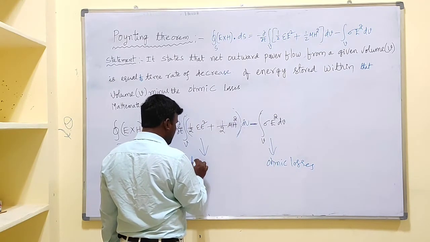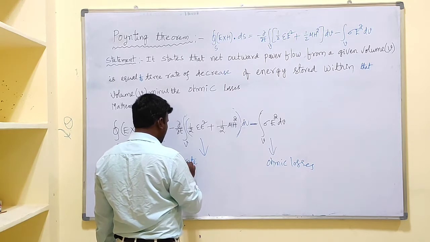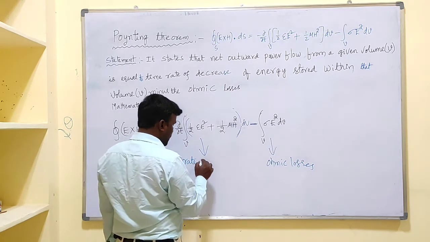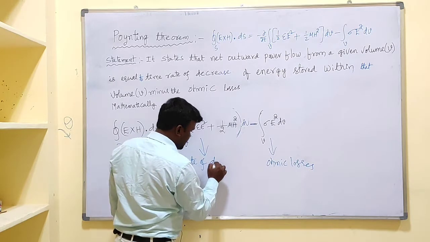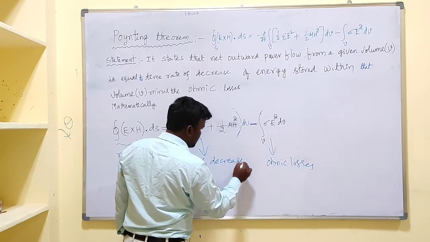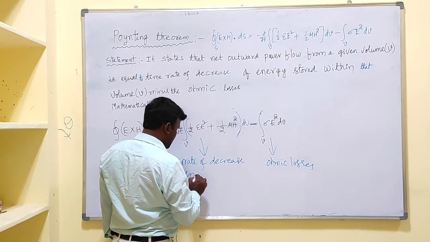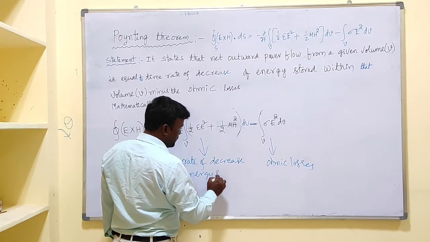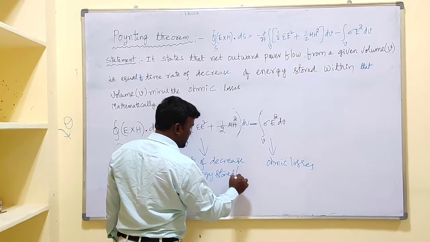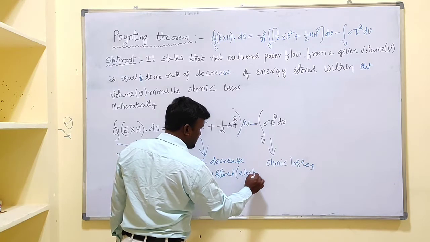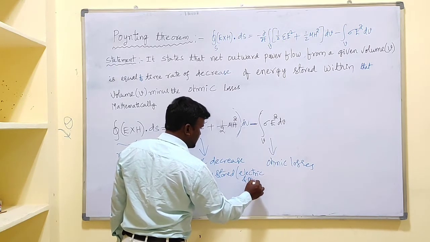Here, dou by dou t means time rate, and the minus sign means decrease of energy stored. That energy is electric and magnetic energy.